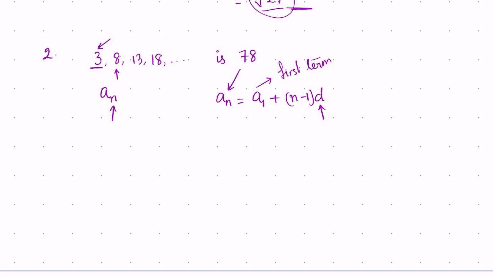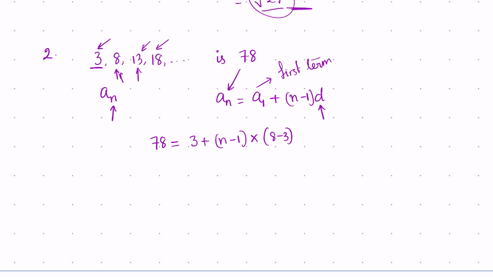So substituting all this, 78 is equal to 3 plus n minus 1 times what's the common difference? The common difference is just 8 minus 3. You could choose any two. So 18 minus 13 would also give you the same result, or 13 minus 8.